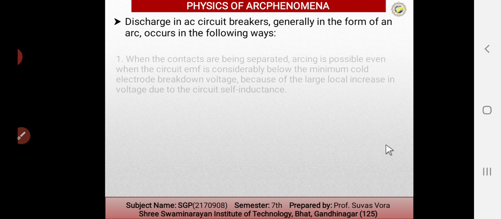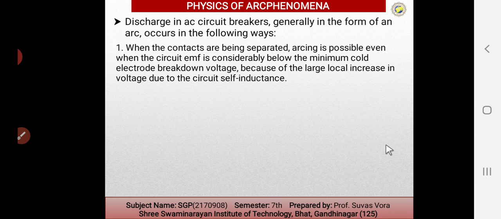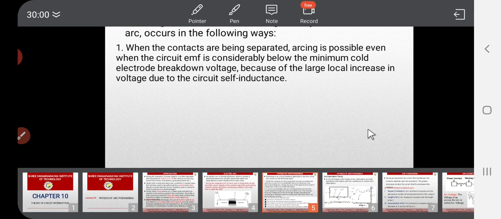The first one is when the conductors are being separated, at that time arcing is possible even when the circuit EMF is considerably below the minimum cold electrode breakdown voltage, because of the large local increase in the voltage due to the circuit self inductance. So this is the first condition for the arc to be generated.